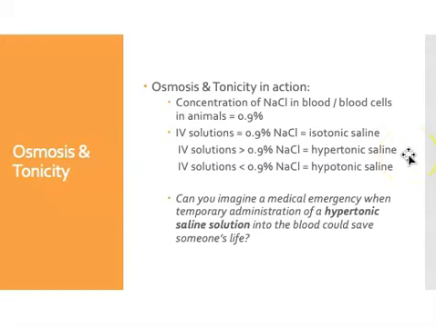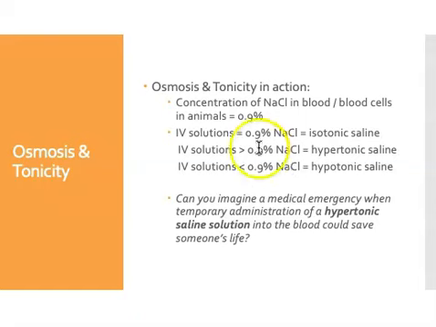Hypertonic saline. And finally, if I were to administer a solution that had less than 0.9%, I would be administering a hypotonic solution. The number of particles in that solution, the number of salt particles, is less than what's inside the cell.